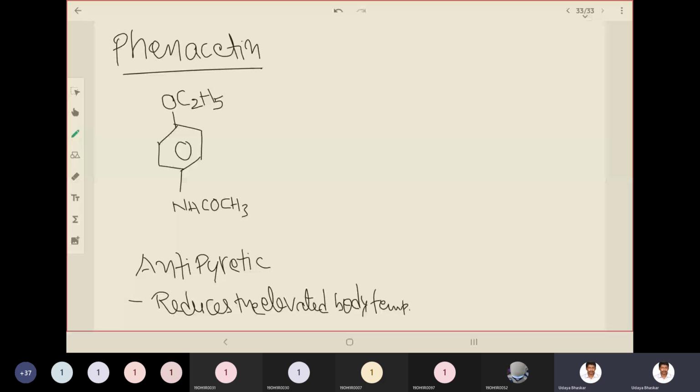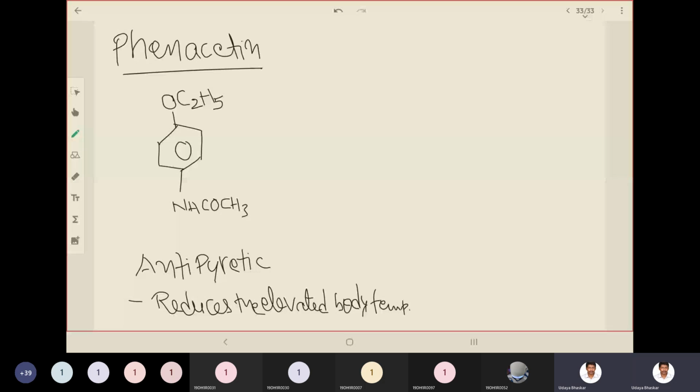So antipyretic is the drug which reduces the elevated body temperature, fever. It is also an analgesic, which reduces pain.